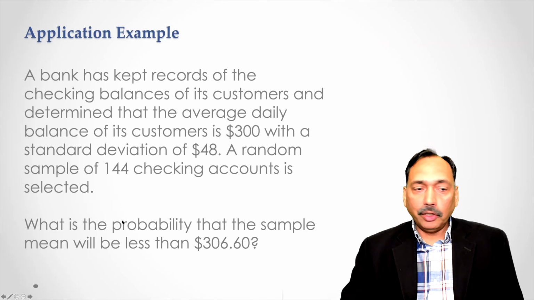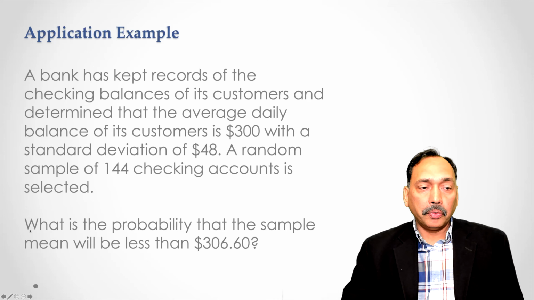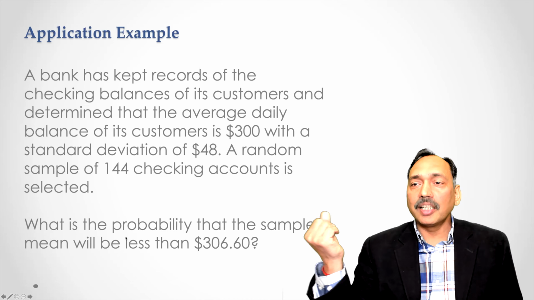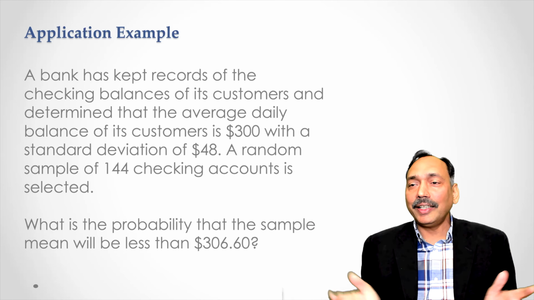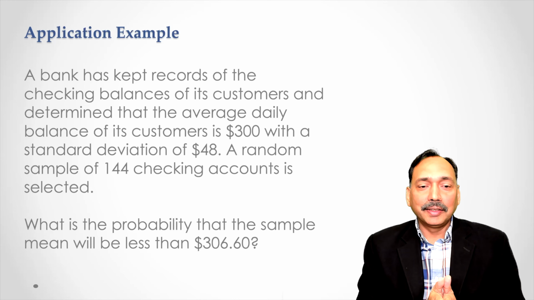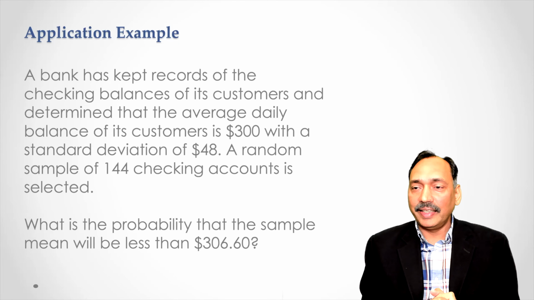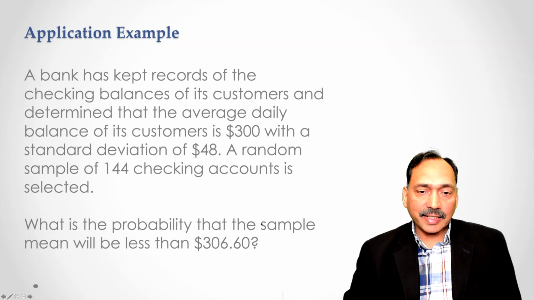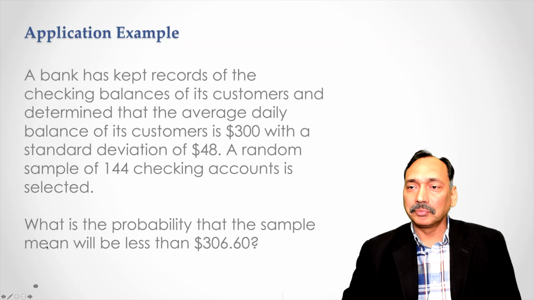So one thing you'll notice is when someone is asking this question, they are not asking about one customer. As a bank, you're not worried about one customer having $306.60, but you look at the average, and that's why it says sample mean.